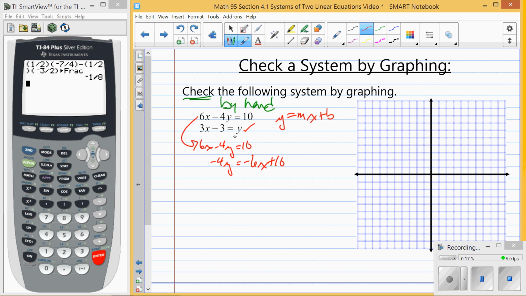And divide everything by negative 4. Negative 6 over negative 4 is a positive 3/2 x. 10 over 4, especially that negative 4, is going to give me a minus 5/2.